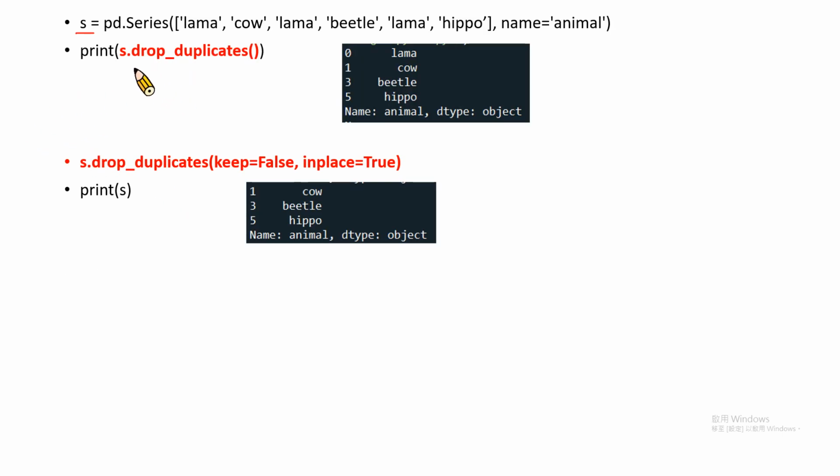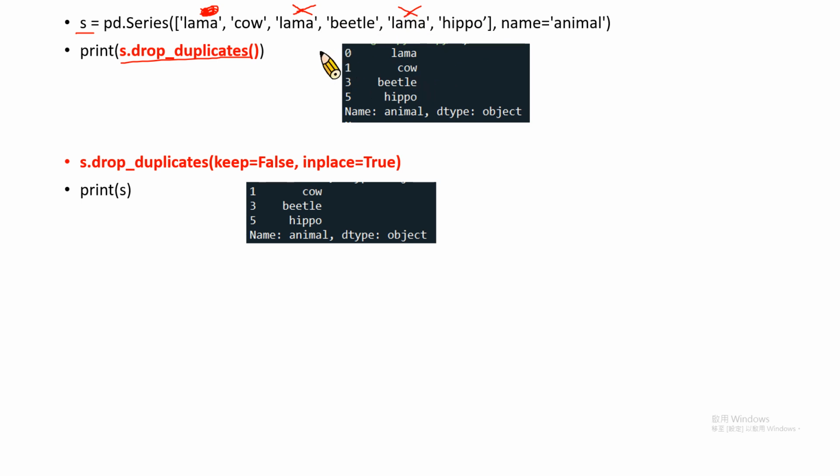So here we call drop_duplicates, and you see the function will return the result after removing the duplicates. Because llamas are duplicate values, but we will keep first, since keep is set to the default value first, we will keep the first llama, and the second and third duplicate llamas will be removed.